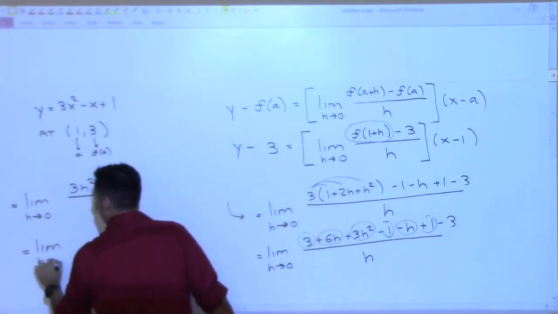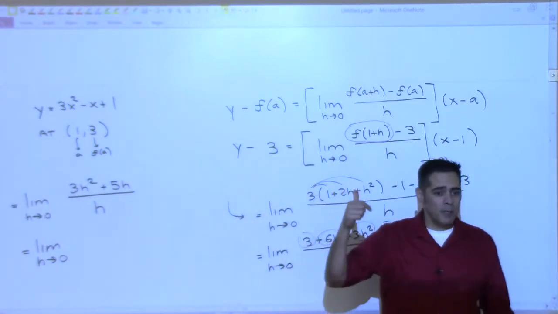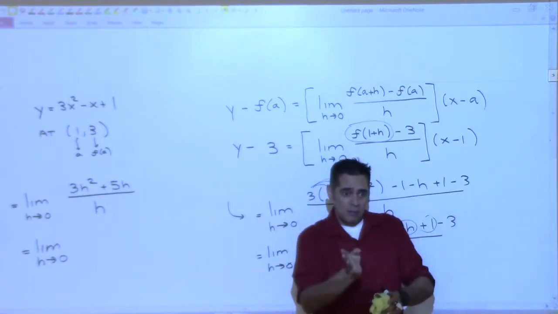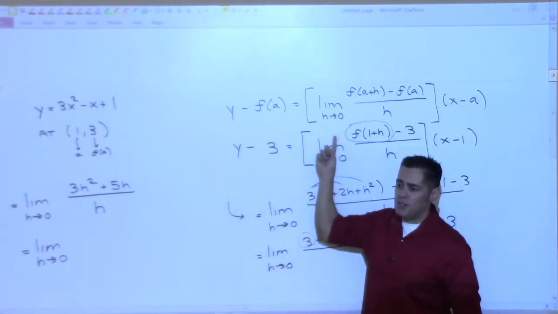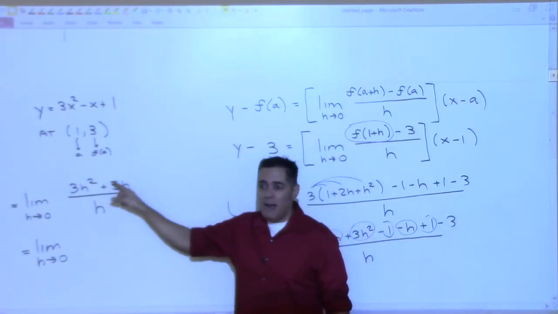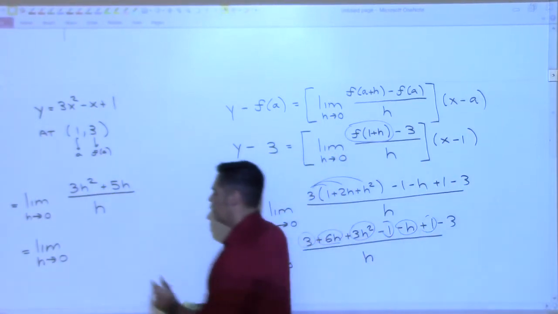Now, let me tell you something. You know how in the previous way we did this with the other formula, what we were trying to get was a factor on top and bottom to cancel? When you use this formula instead, you're always trying to get this h to cancel. And that means your answer up here better have h's in every term, because you need to be able to factor an h out, which I can here.